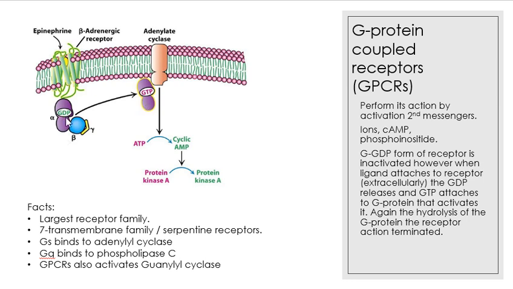See that the GTP is attached to the alpha subunit, and this GTP then binds to the effector element, which is adenylyl cyclase, and with the help of this adenylyl cyclase enzyme, the ATP is converted into cAMP, which activates protein kinase A, which acts on other proteins. So this was all about the receptor families.